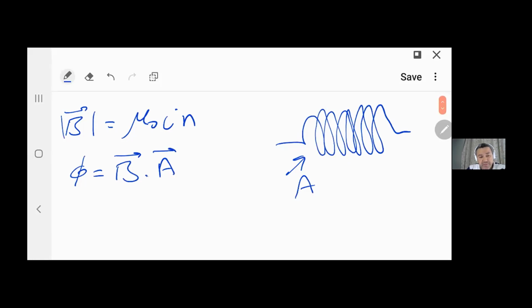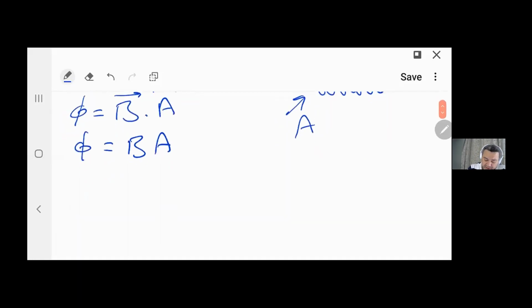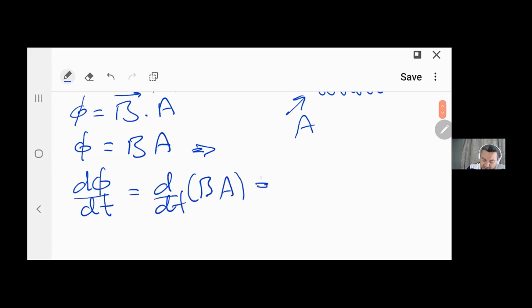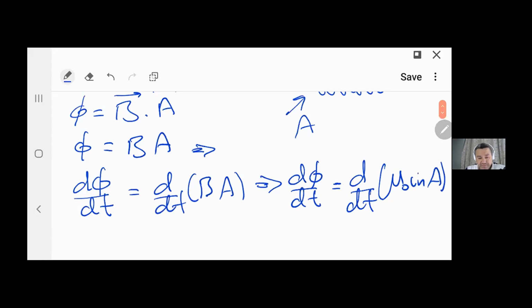If I have them in parallel, then theta is 0 and the flux would be BA, right? Then d phi over dt is d over dt of BA, which equals d over dt of mu naught n I A.